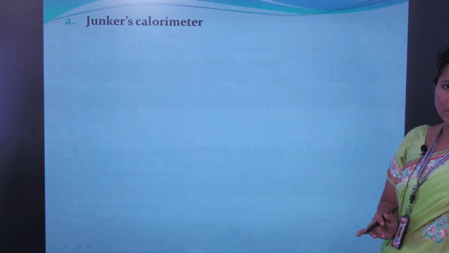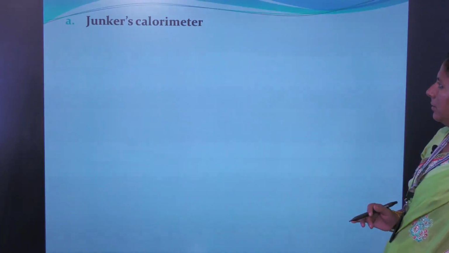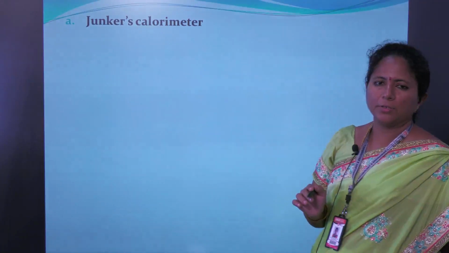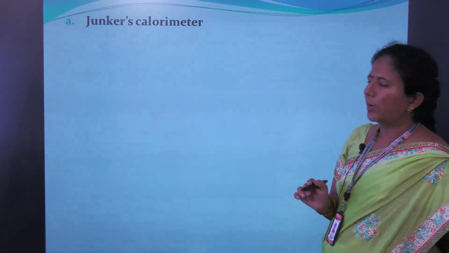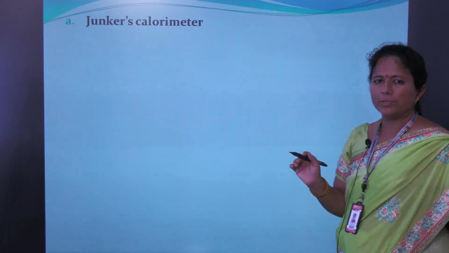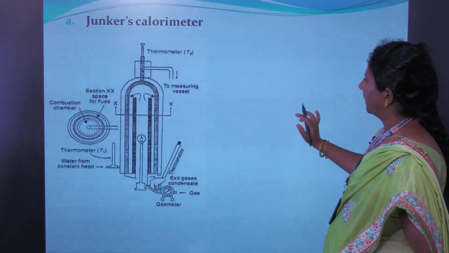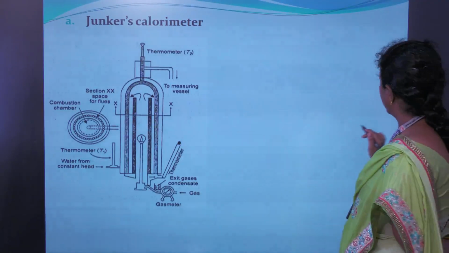Now coming to the first calorimeter, Junker's calorimeter. As earlier I have said, this Junker's calorimeter is used to determine the calorific value of gaseous fuels and easily vaporized liquid fuels. So this is the Junker's calorimeter.